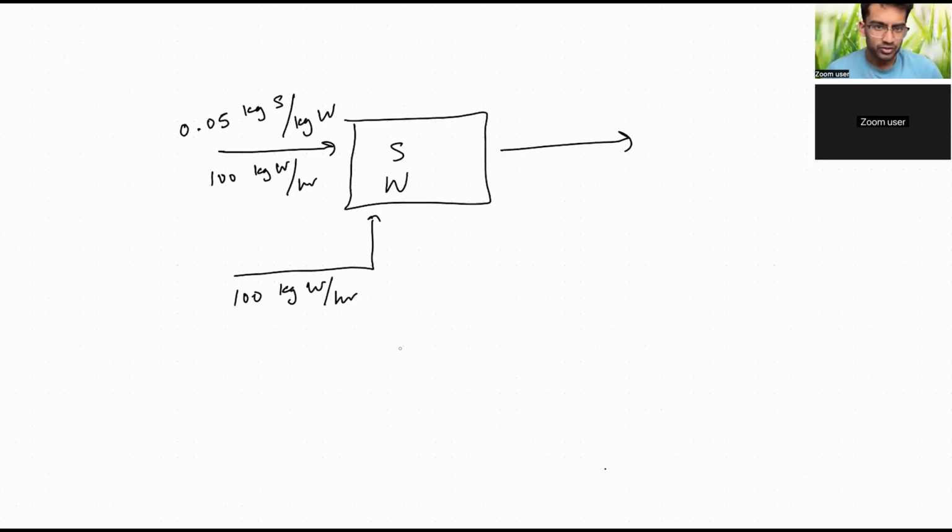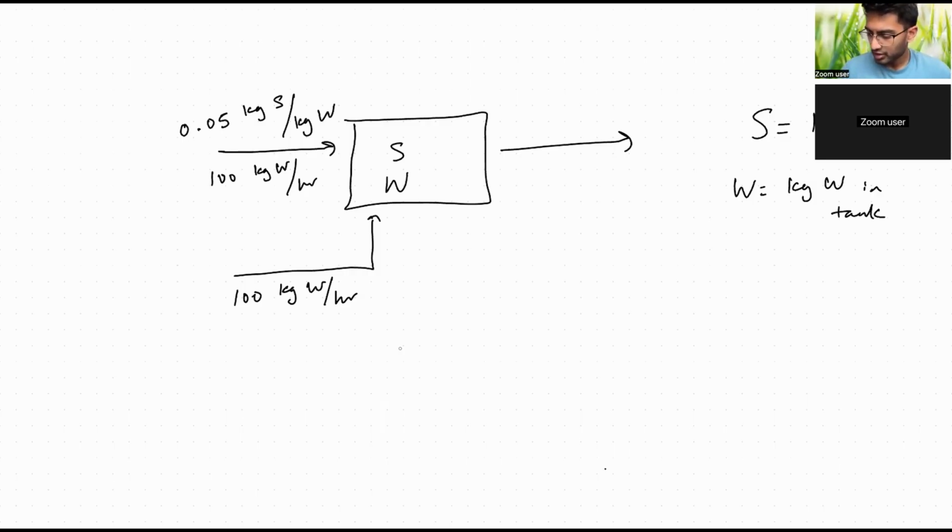So the question is, what is the steady state concentration of salt and water inside the tank? Just so that we have defined everything, S is kilograms of salt in the tank, or the solute, and W is the kilograms of water, the solvent, in the tank.